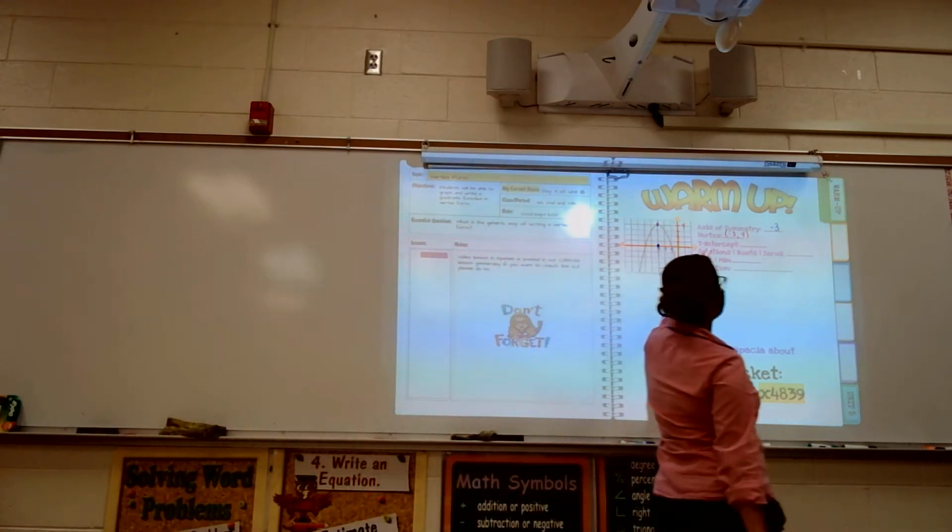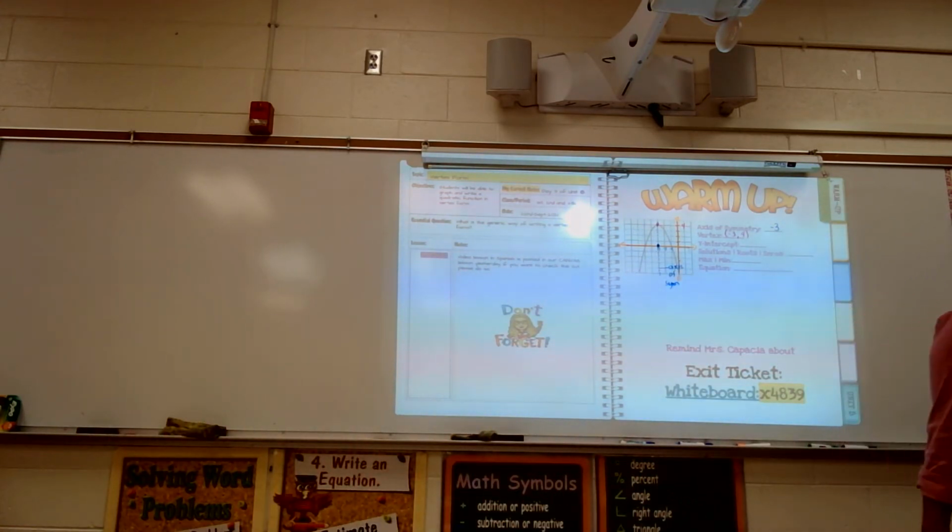Okay. Next, what's the y-intercept? What is y-intercept, by the way? How would you know that that's a y-intercept in a graph? It's where it's the y-axis. Say it one more time, Carter. Where it touches the y-axis. Okay.